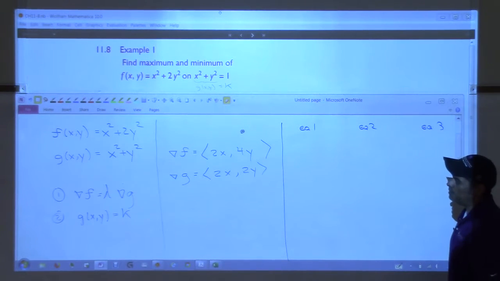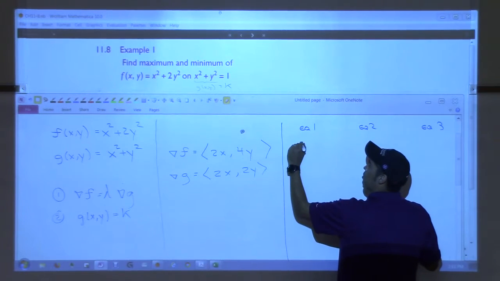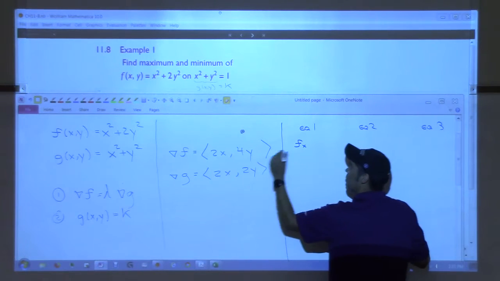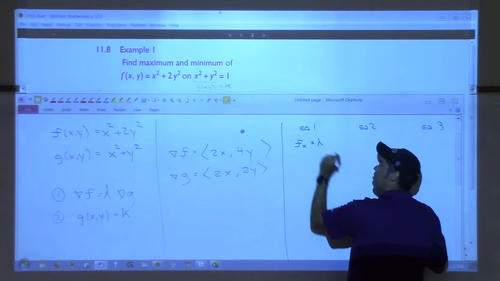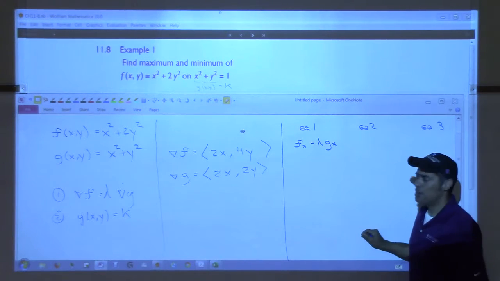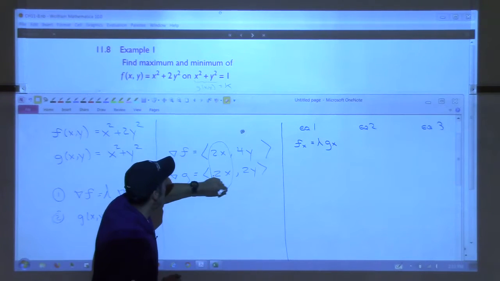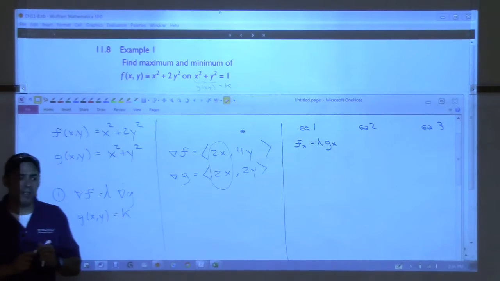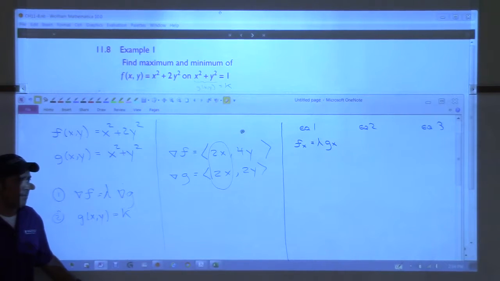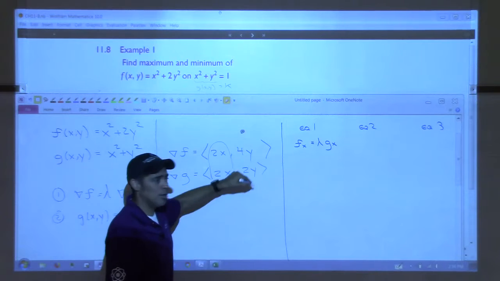So equation 1 is that I need the partial of f with respect to x, that's this piece, to be equal to lambda, some multiple of the partial of g with respect to x. All I'm saying is that those components have to be scalar multiples of one another, right? And then my next equation is that these 2 have to be scalar multiples.